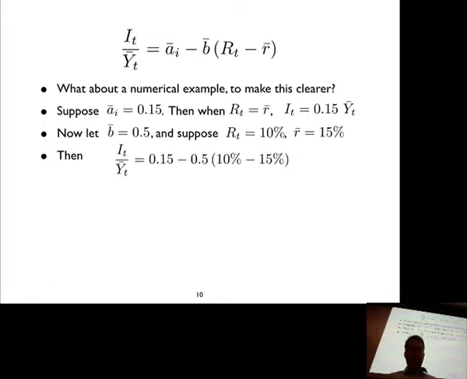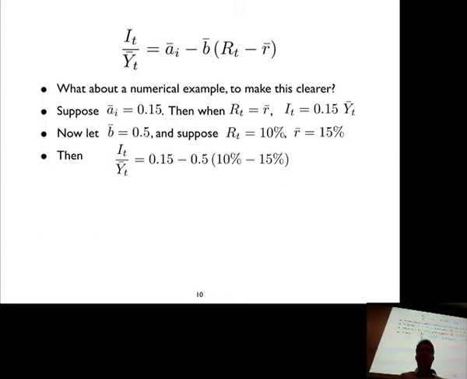And so this math would work out in the following way: the investment share of potential at this point in time would be the 15 percentage points you typically get, that's from little a bar sub I, plus, or minus rather, excuse me, 0.5 times the difference between the real interest rate, 10%, and the marginal product of capital of 15%.